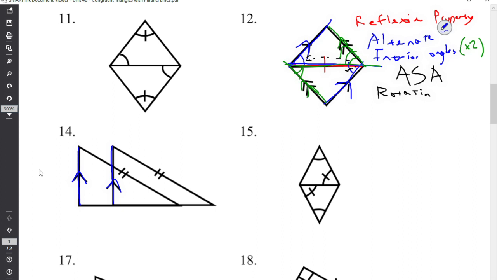There are your parallel lines. We want to pick a transversal to cut through them. Where's that going to be? Well, let's watch. There it is. And that creates this angle right here and this angle right here. Those 2 angles are both in the same spot.